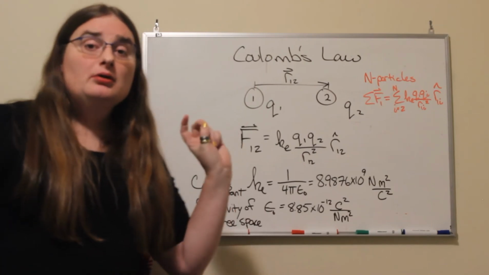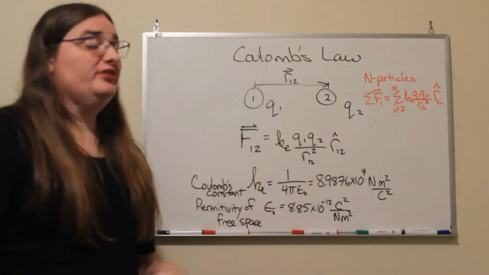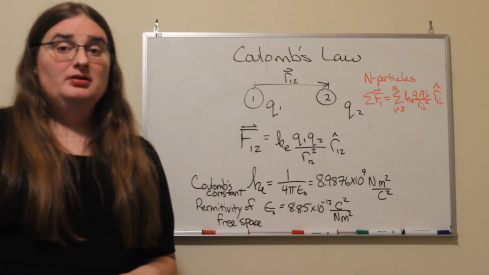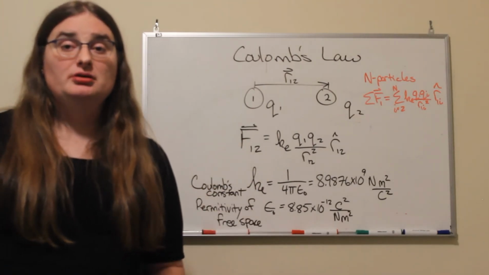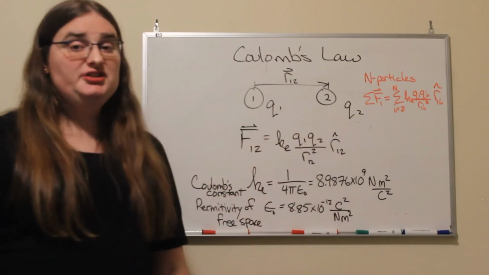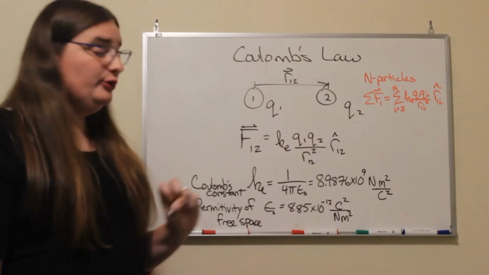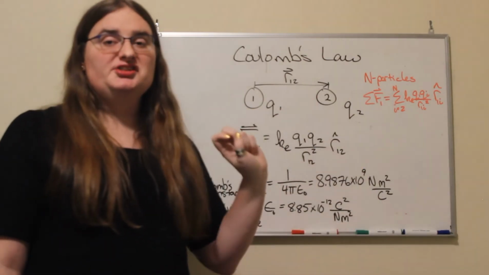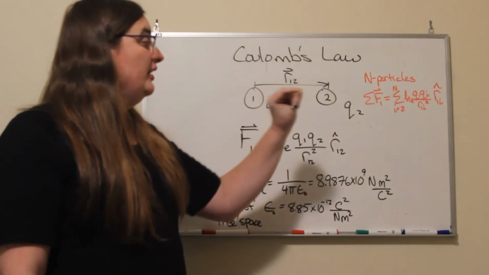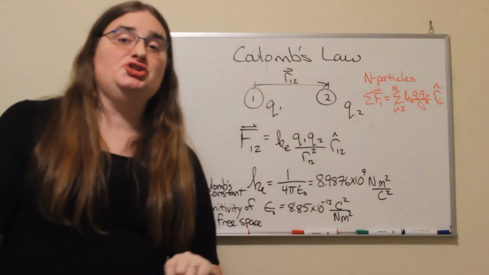Now, one last thought with the Coulomb force. Like all forces, it's subject to the rules of superposition. So if we have dozens of charges, we could find the total force on our first charge by summing up all of the forces from each other charge acting on that first charge.